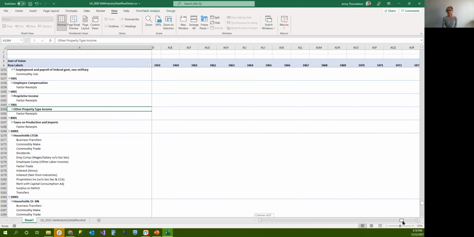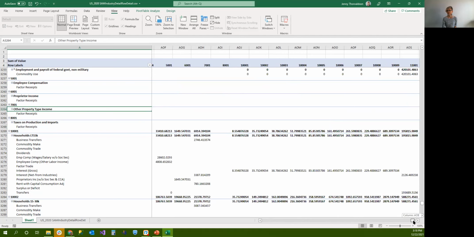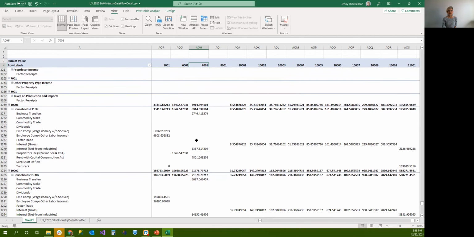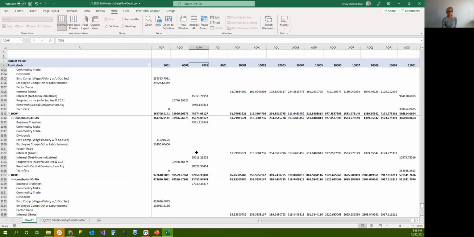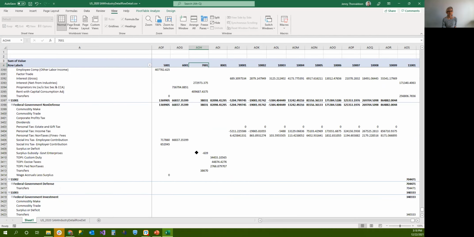So we're going to look at, we said 7001 right here was OPI. And indeed, if you see OPI should pay, oh, we're in households rows. Let me get down to the government rows.